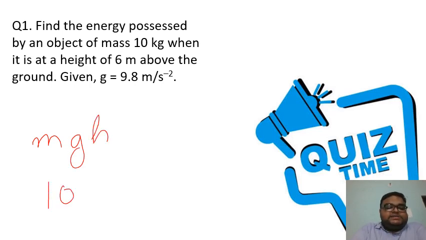So what is the value of m? It is 10 kg. g is 9.8 meter per second squared, and h is 6 meters.